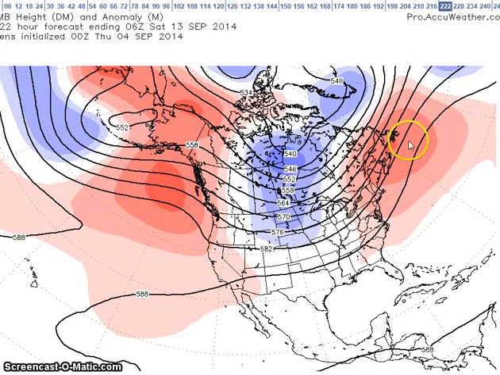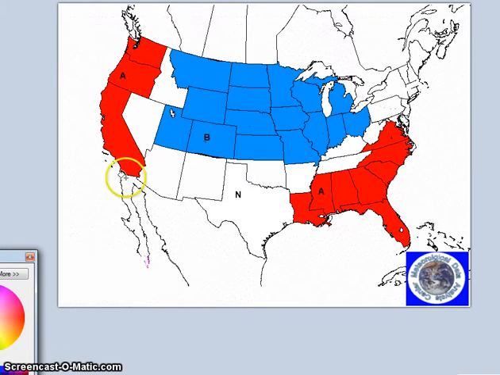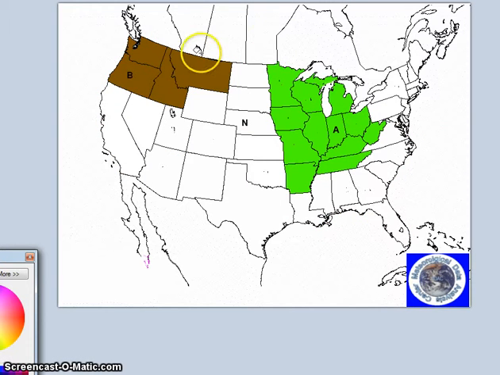Still showing relatively flat flow, above normal heights here and here. So during this forecast period, I am forecasting above normal temperatures here and here, below normal temperatures for this region, and for precipitation, forecasting below normal precipitation here and above normal precipitation for this region.